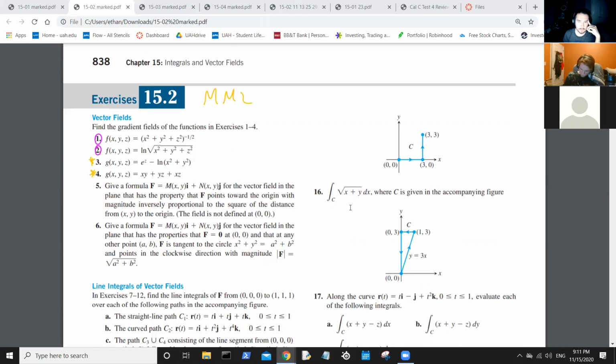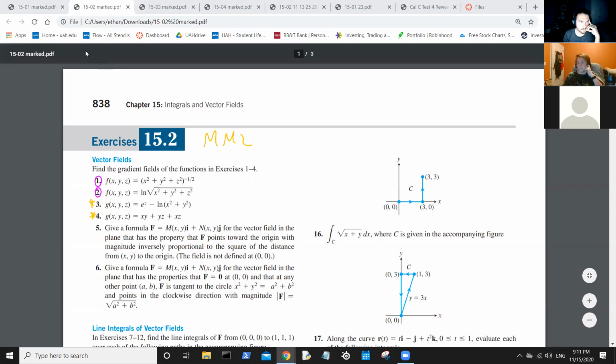You guys can see my screen properly, right? The exercise thing? Yes.